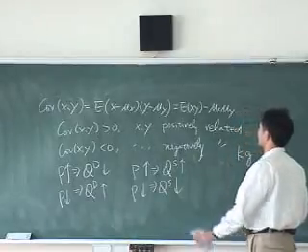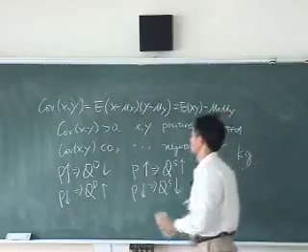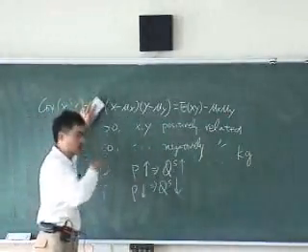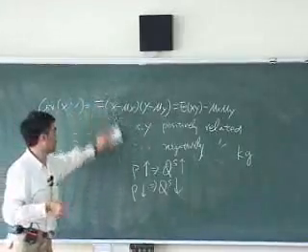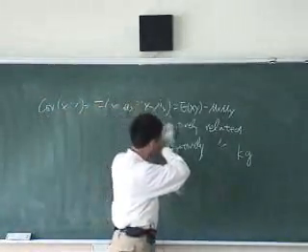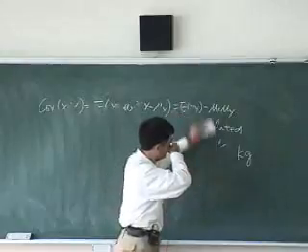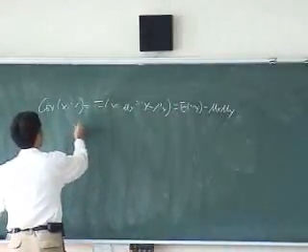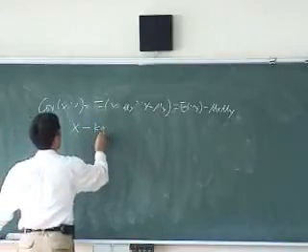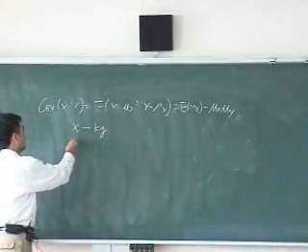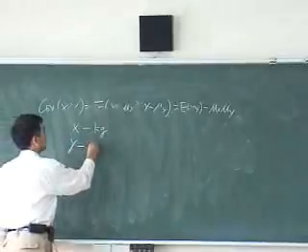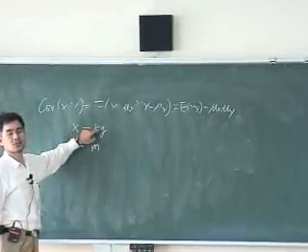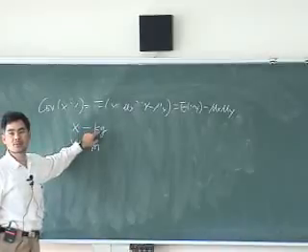So let us say we have these two covariances. We have X, which is measured in kg, and then we have Y measured in meter. 1 kg is equal to 1,000 grams.